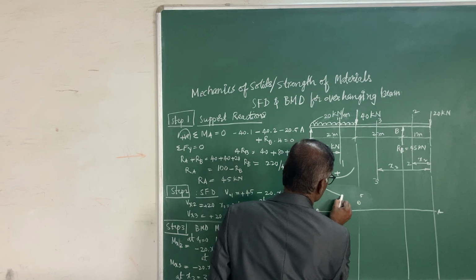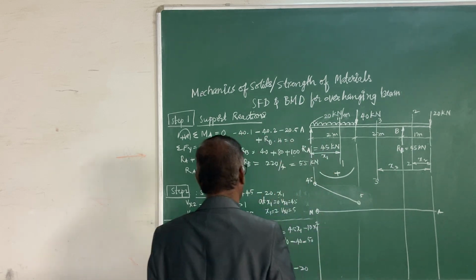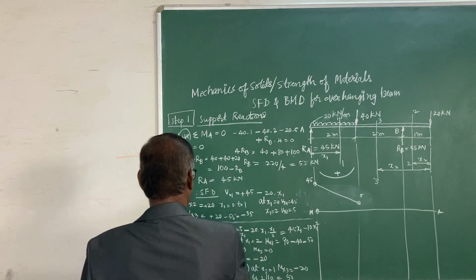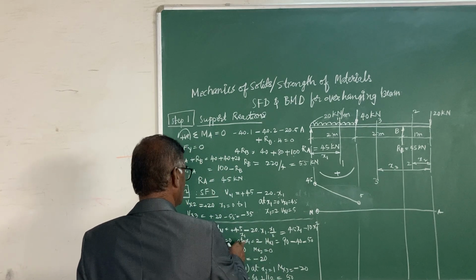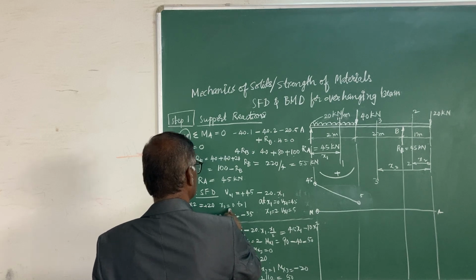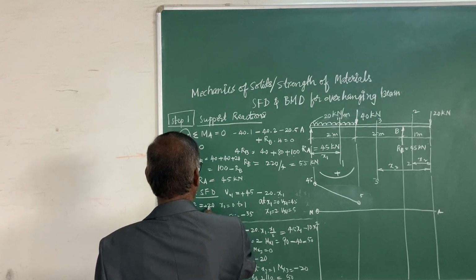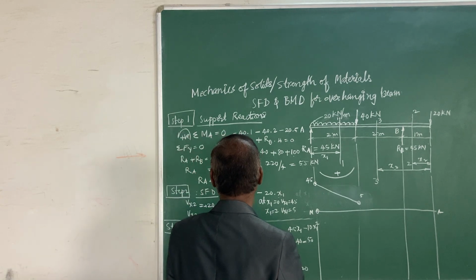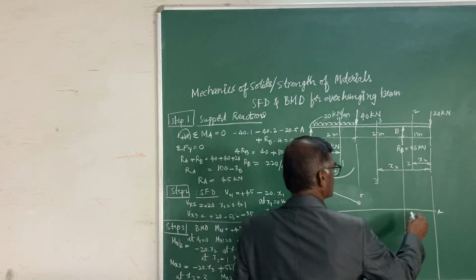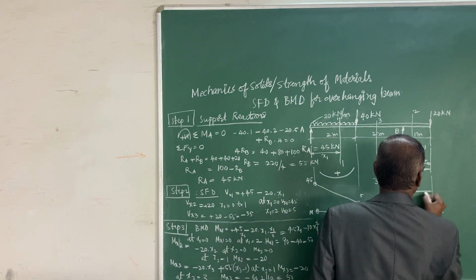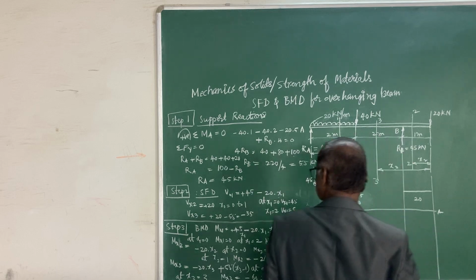So join these two by means of a straight line, and let us proceed to x2. When x2 equals to 0 to 1, it is constant, plus 20. So this remains constant, plus 20.